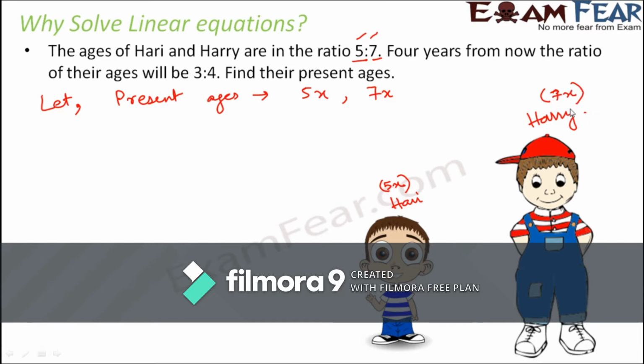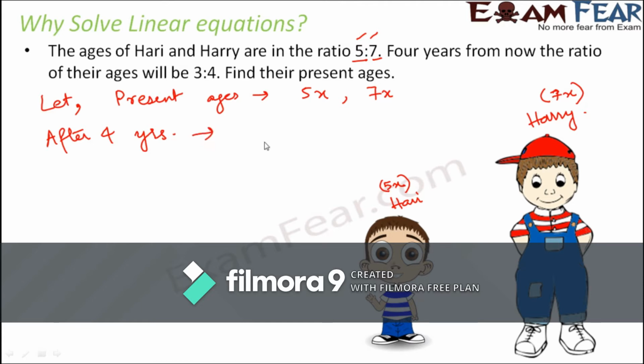Now why did we choose 5x and 7x? Because in this case also the ratio would be 5x by 7x. x and x would cancel, so the ratio would be 5:7. So we have just taken this variable to calculate their exact ages, right? Now as per our assumption, what would be their age after 4 years? After 4 years, what happens to everybody's age?